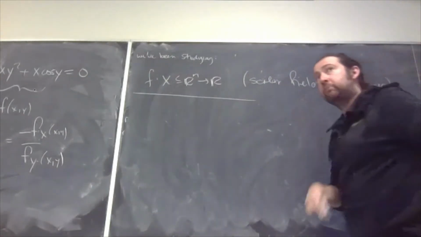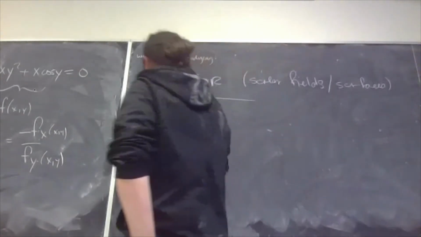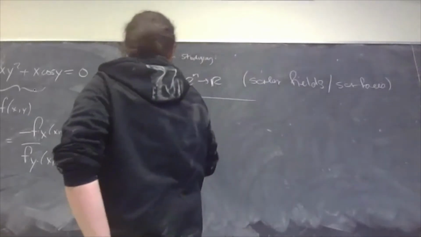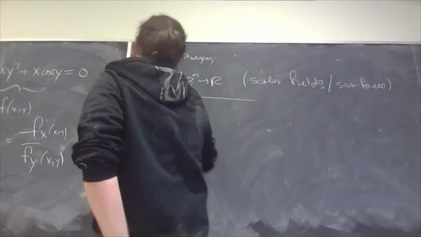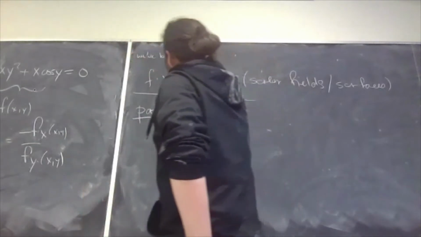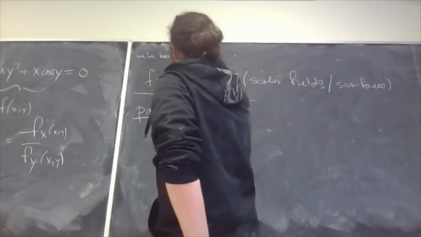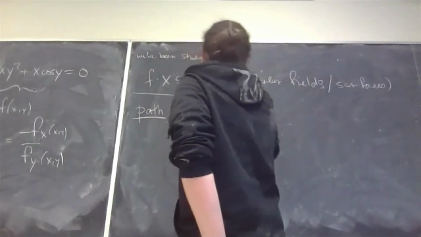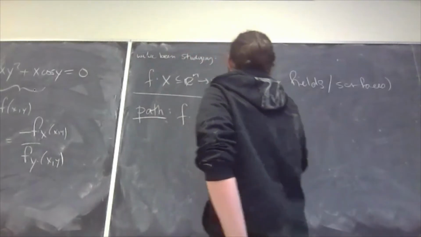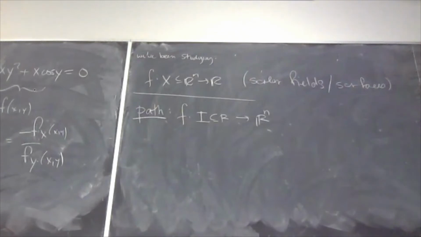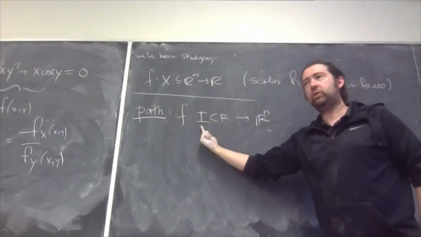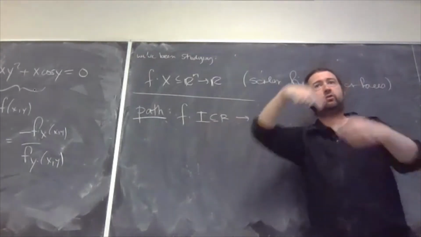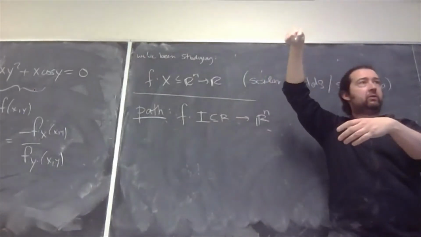So we have two new objects that we're going to look at that are central mathematical objects. The first is a family of things called a path. A path is a function that takes an interval in R and spits it out into Rn. Imagine you have a one-dimensional input, what's happening here is you get this twisted path sitting inside of n-dimensional space.